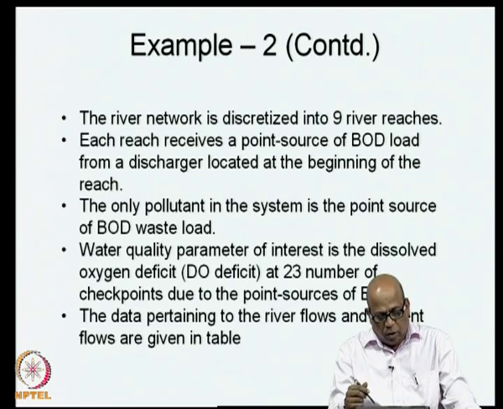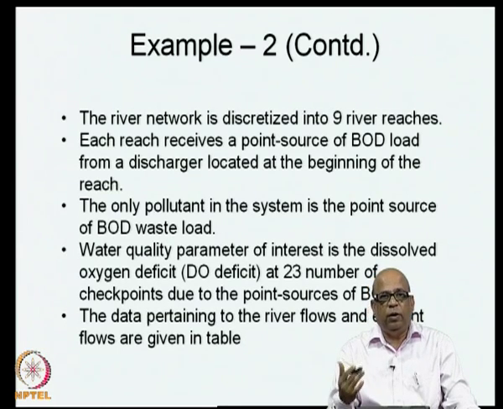So, from this we will now progress to define the fuzzy membership functions for the pollution control agency as well as for the discharges. The water quality indicator that we are using is the DO deficit. What will be the preference for the pollution control agency?